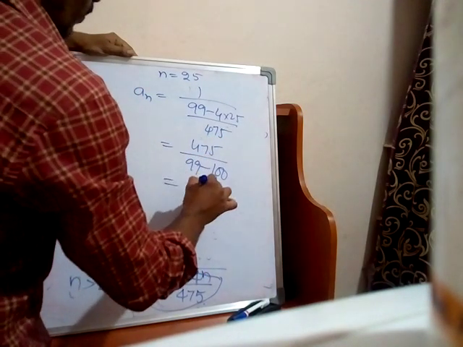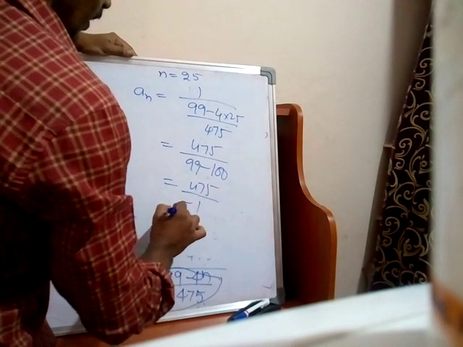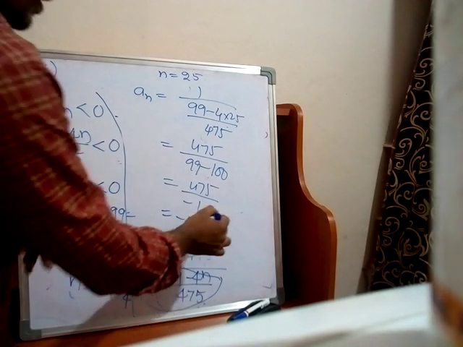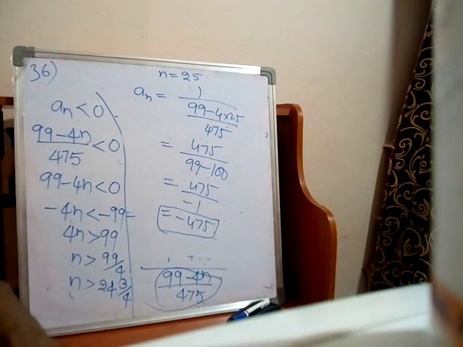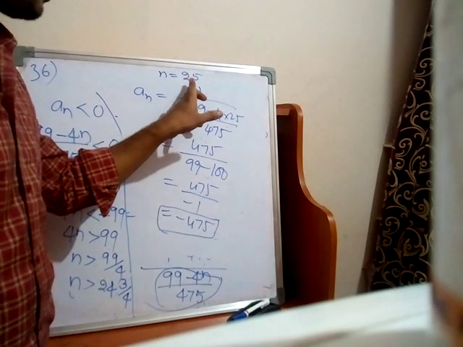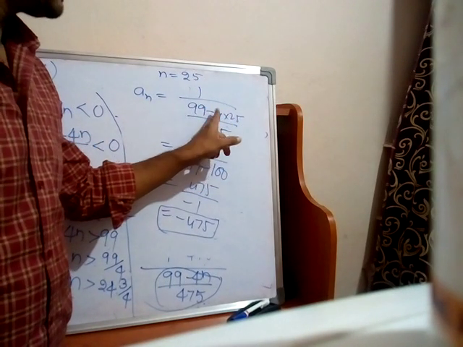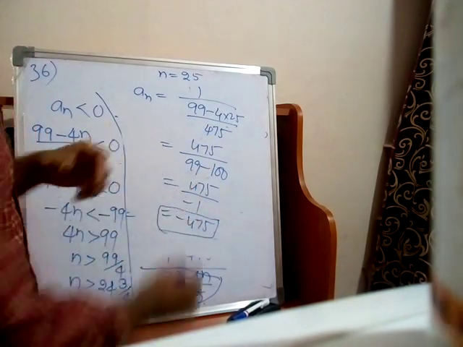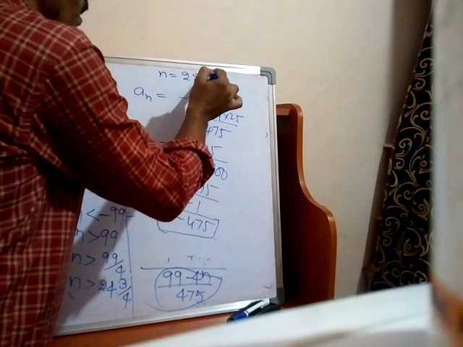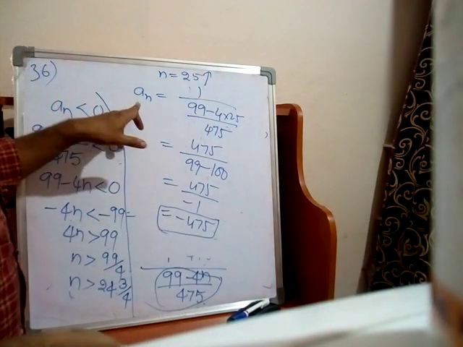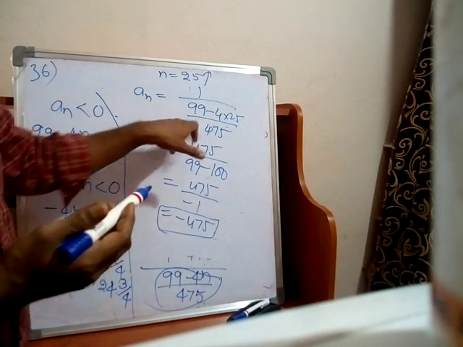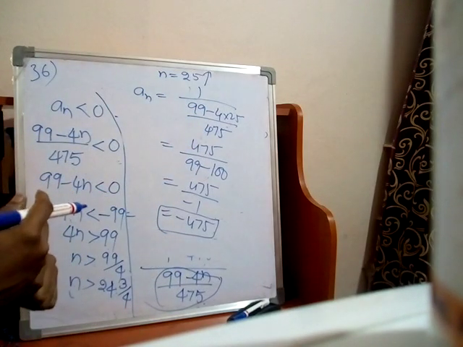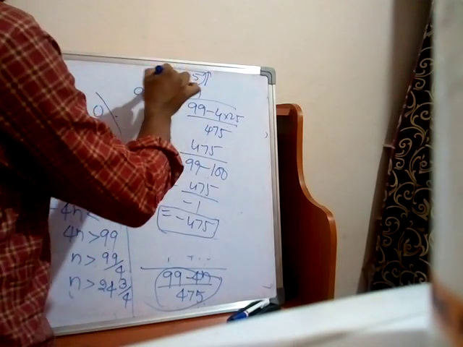So it becomes negative, minus 1 by 475. an is less than 0. We get a negative value, so that is less than 0. If you take n is equal to 26, 4n is more than 100, again we get negative. So if n values are more than 25, we always get an negative. The 25th term, 26th term, 27th, 28th, all terms are negative. So here the least value is n is equal to 25.